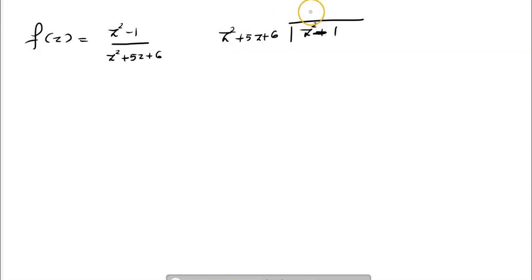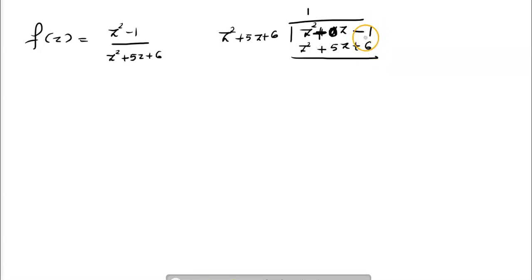Now, this is 1 into z². We can write z² + 0z − 1, and 0 into z is 0, so this is z² − 1 itself. Then 1 into the divisor gives z² + 5z + 6.